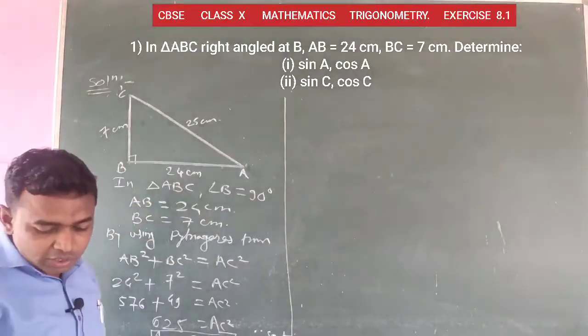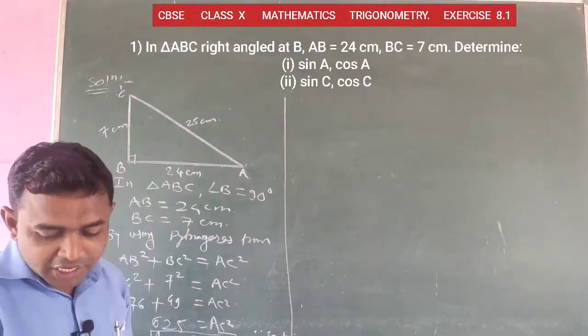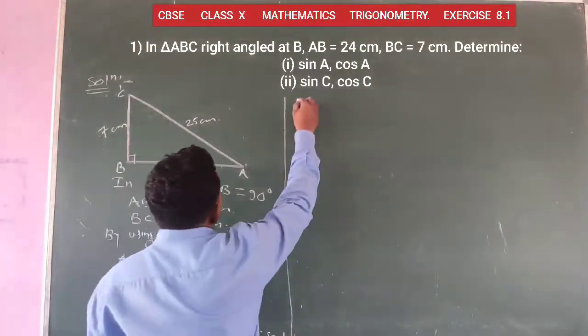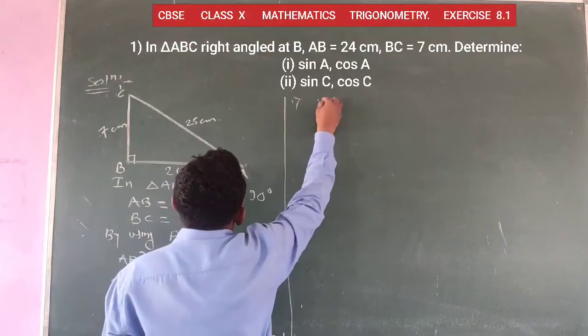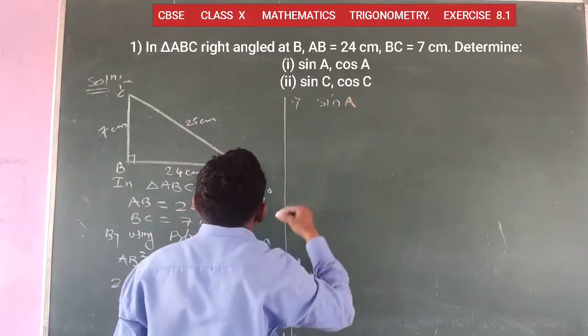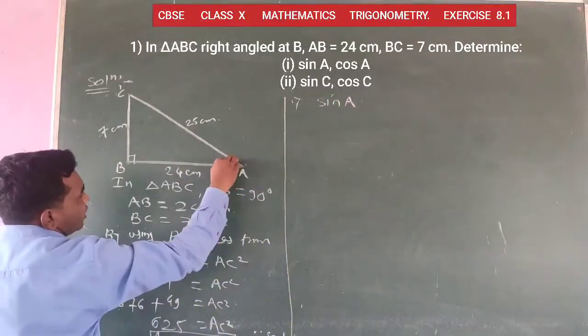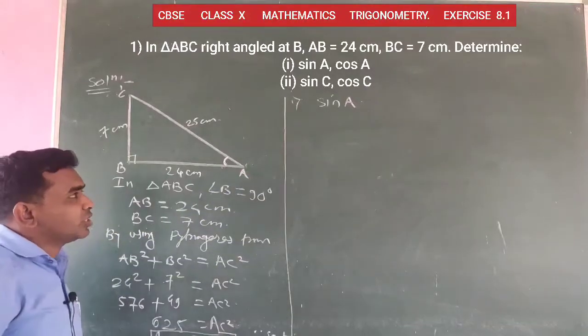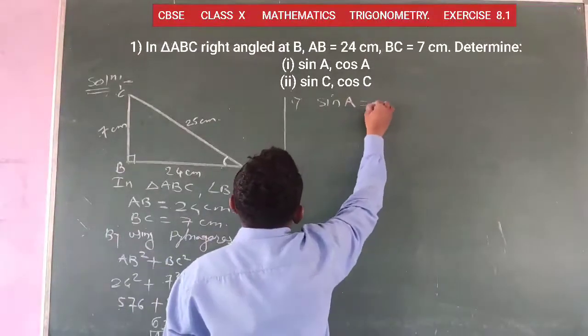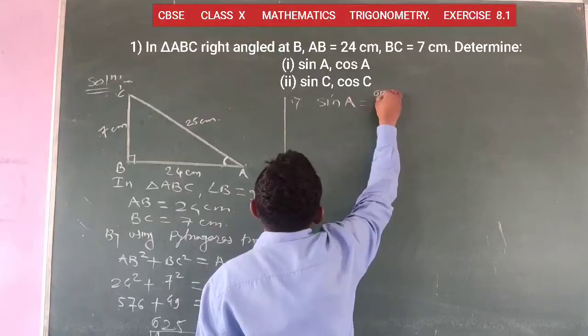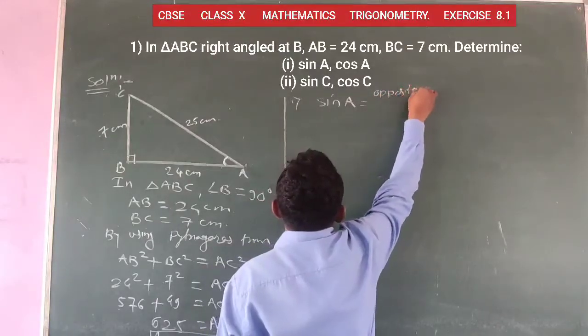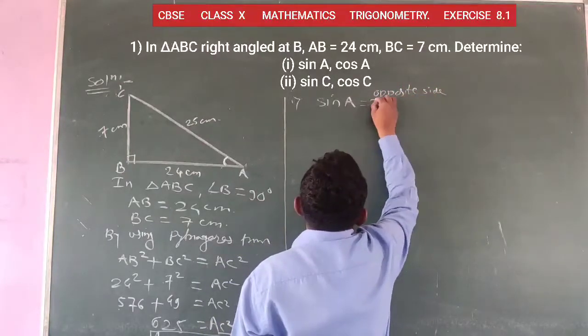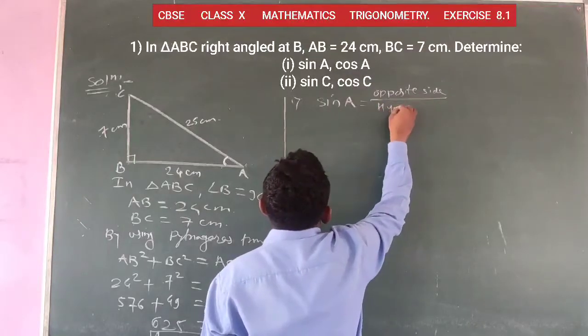The first value we have to calculate is sin A. Which angle do we consider? This is the angle A. Now what is the formula for sine? Opposite side upon hypotenuse.